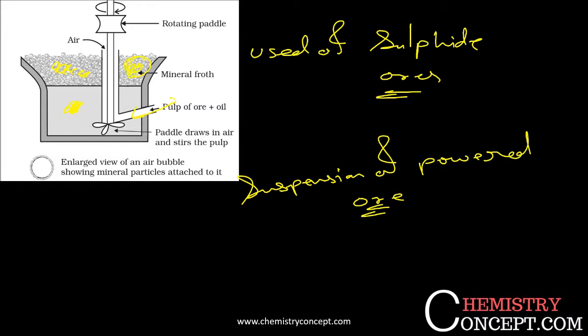So froth will be on top. We collect this froth and dry it, and after drying we get this ore in the form of dried particles. Suppose this is one air bubble, this air bubble will be containing these minerals on this surface.